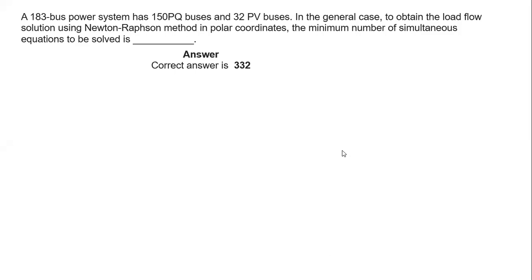Tushar has given the right answer. Shashank has given the right answer. Only these three people have given the right answer. Now the answer I have given, you don't type the answer. Okay, now you see 150 PQ.